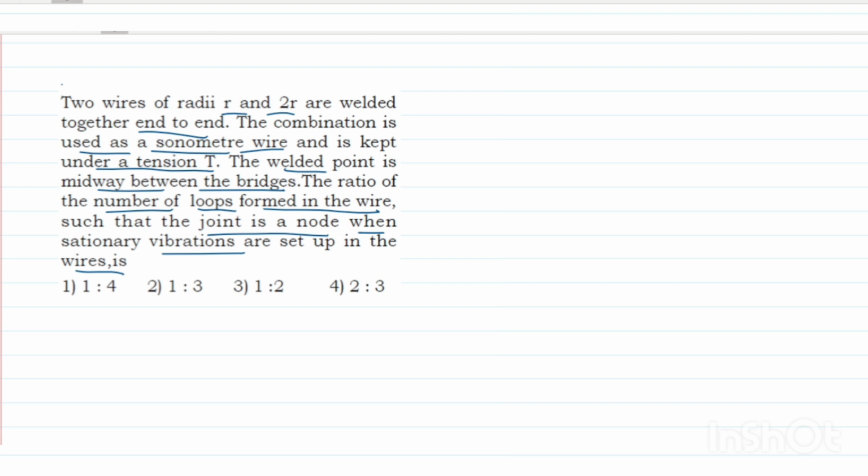So when you combine them, the pth harmonic of wire 1 coincides with the qth harmonic of wire 2.